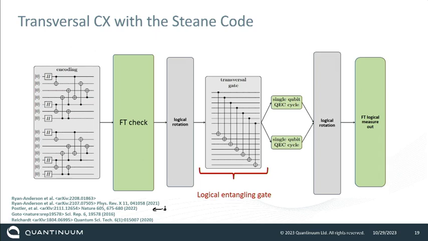I won't go into all the details of the different gadgetry. Like Natalie, we basically use the same procedures as we did with that first Steane code paper, but we did that for 2 logical qubits and with a transversal gate. So essentially, we're initializing 2 blocks.